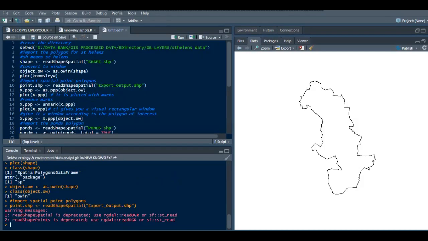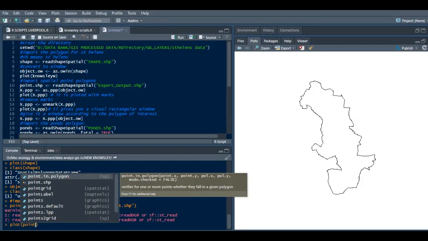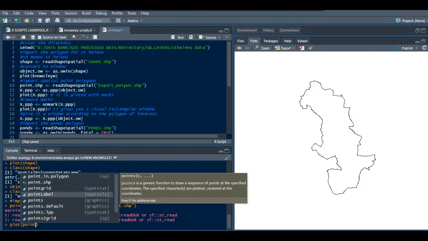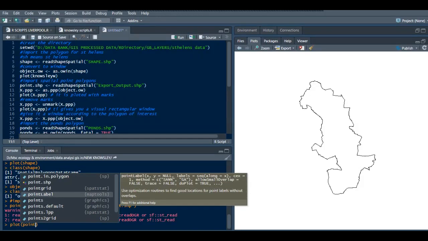So we can now plot these points. Remember that when I say plot, the spatial package uses plot.sp by default. But even if I don't write it, it is still recognized here, so long as I put the right object into the parentheses.